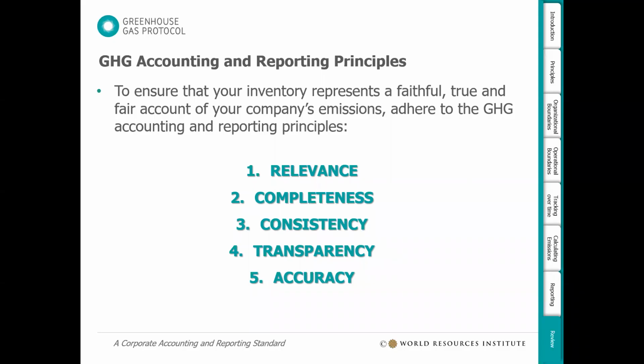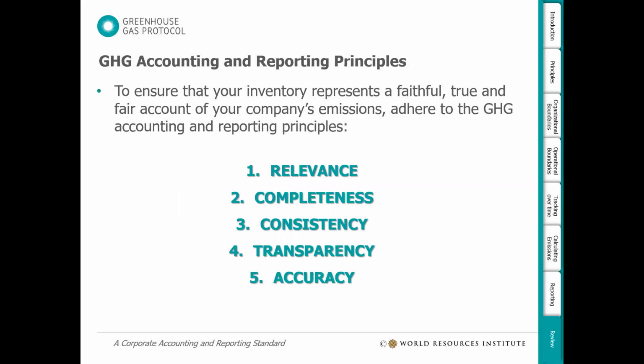In terms of relevance, inventories must contain information that both internal and external users need for decision making. What this means in practice is that inventory should be designed to reflect company characteristics, stakeholder needs, and organizational structure.